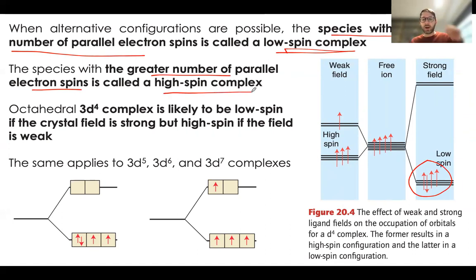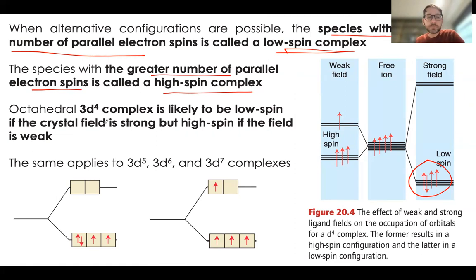So if we have a large ligand field splitting parameter, we have a strong field case and a low spin case. If we have a weak ligand field splitting parameter, we have the weak field case and a high spin case.